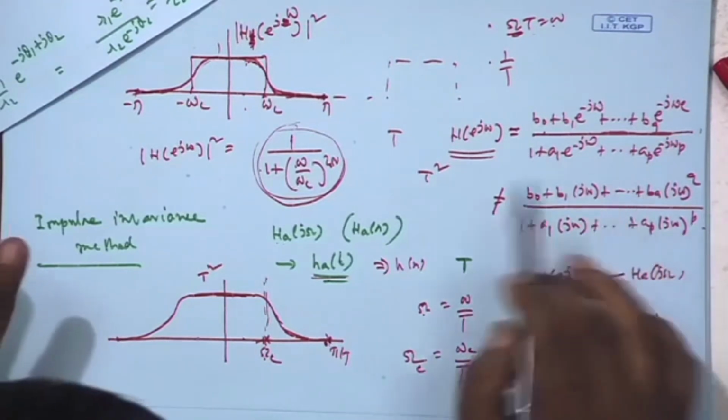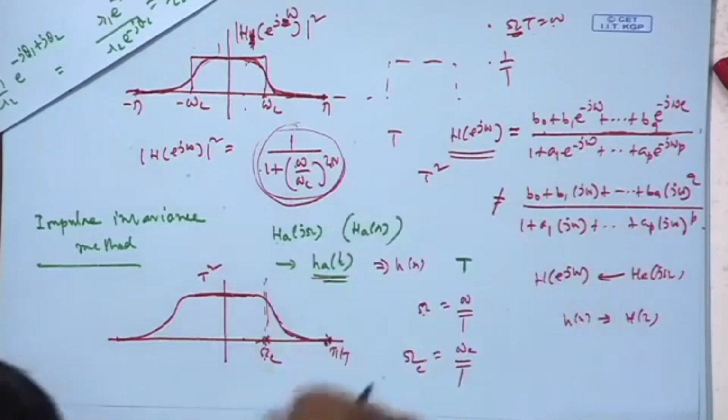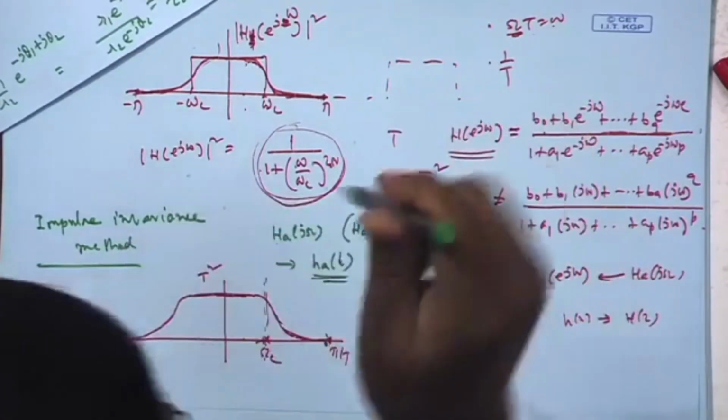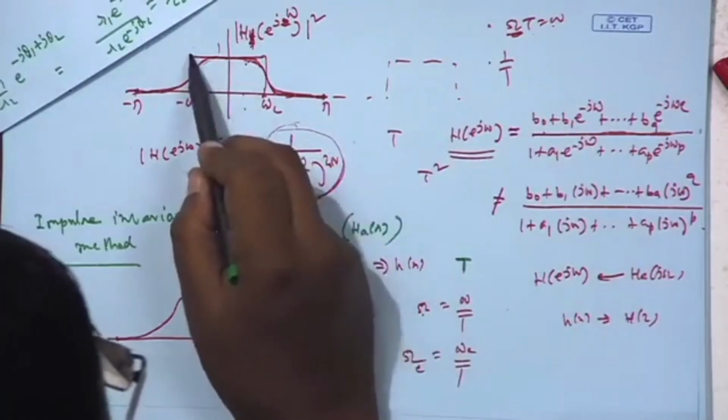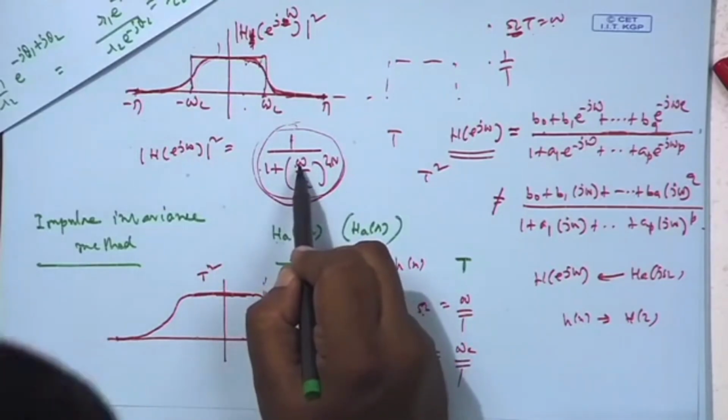We have seen the difficulty in designing the IIR filter the same way as we did in the analog case, because when I try to approximate the ideal filter, I have this Butterworth function, where the denominator is a polynomial in omega.